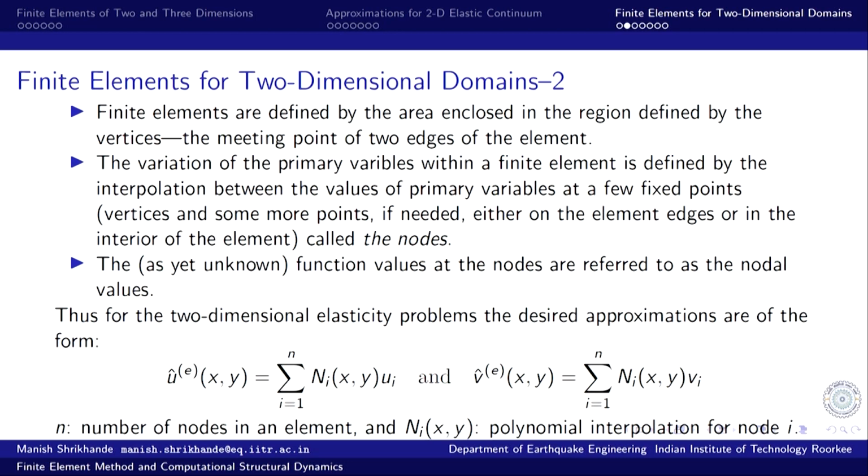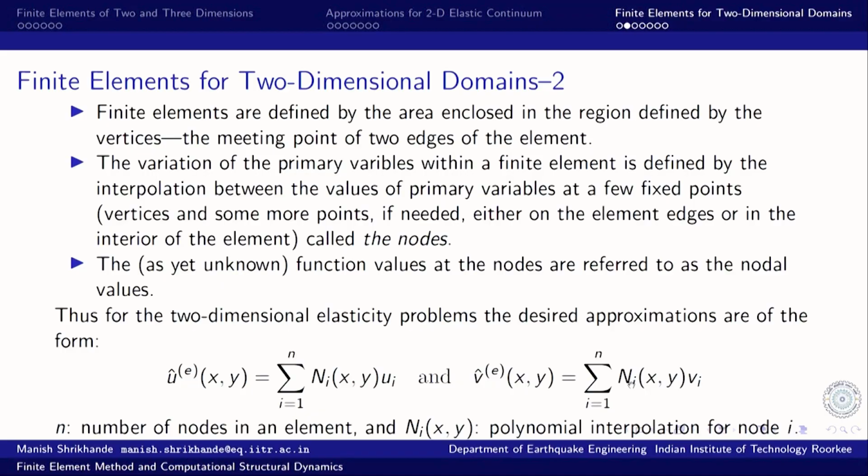So, in triangular elements, this will be N I u I plus N j u j plus N k u k. That becomes the interpolation model. N I, N j and N k are functions of x and y. Together the expression becomes a polynomial approximation for the variation of displacement along the x direction, u, in the interior of the element E as a function of x y.